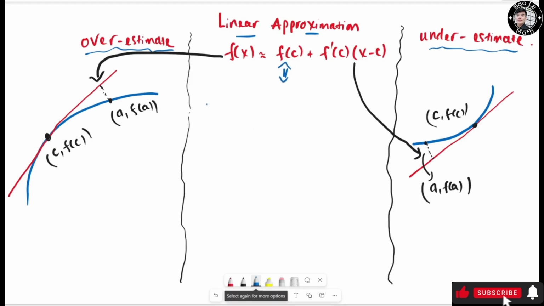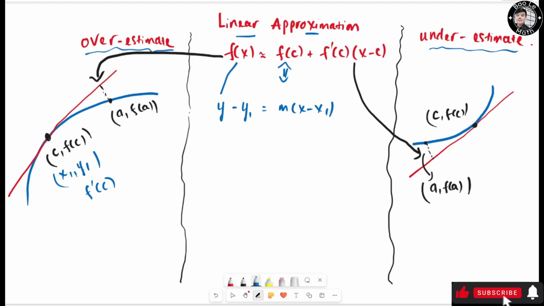Remember, you learned from algebra 1: we have y minus y1 equals m times s minus s1, right? This is the point slope formula. In this situation, s1 and y1 are c and f of c, and the slope m is actually f prime of c. So we substitute, and y is actually f of s.